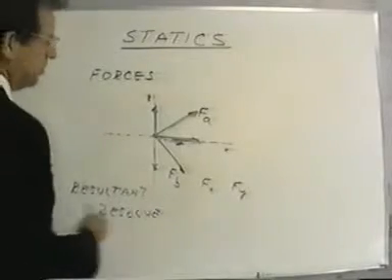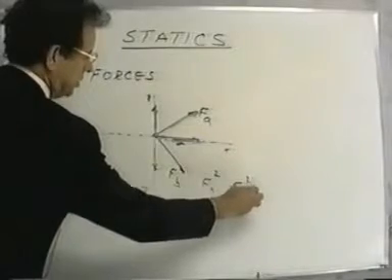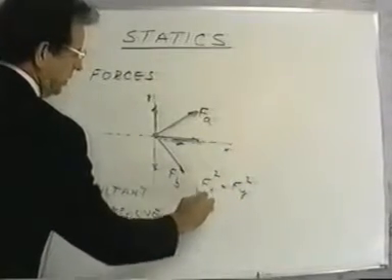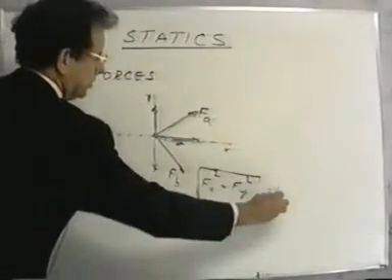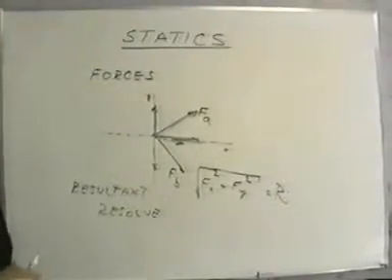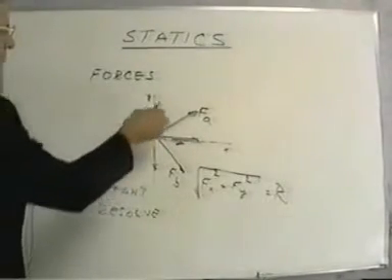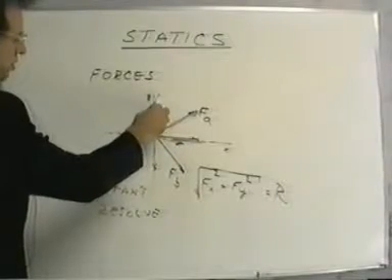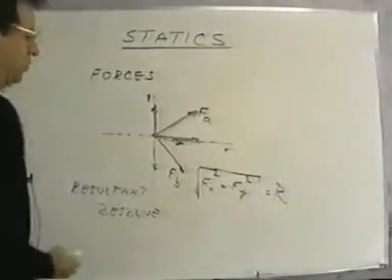And we do this by using Pythagoras' theorem, which says I would square both of these, add them, take the square root of the sum of the squares, and this would be the resultant. So that'd be the resultant vector, the resultant force from the original two forces. So we've gone from forces into a coordinate system by resolving them, then bring them back here to give you a resultant.